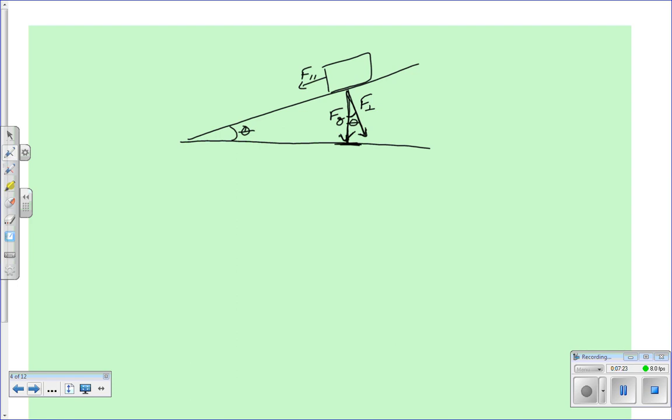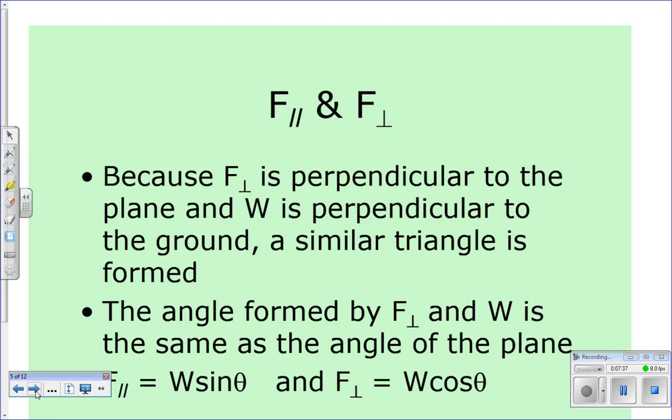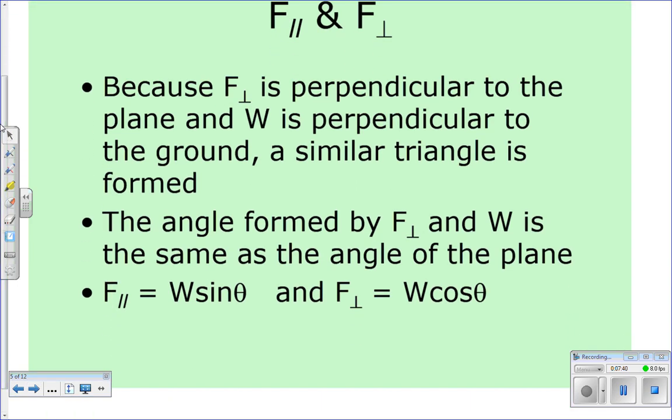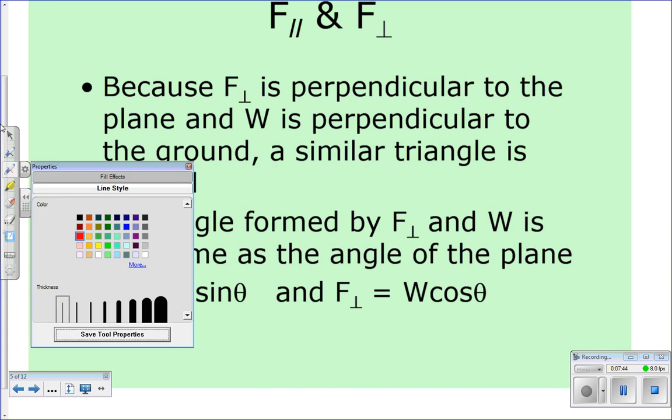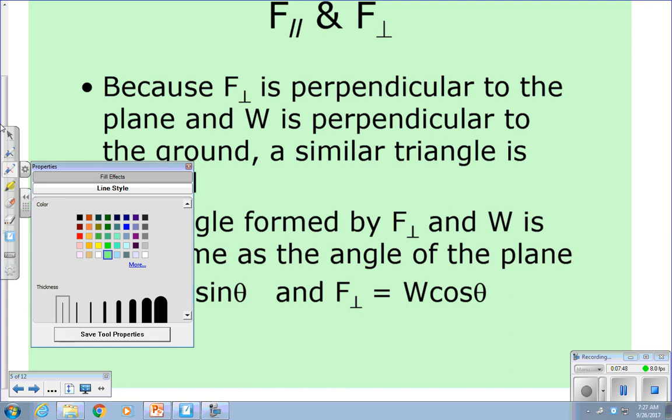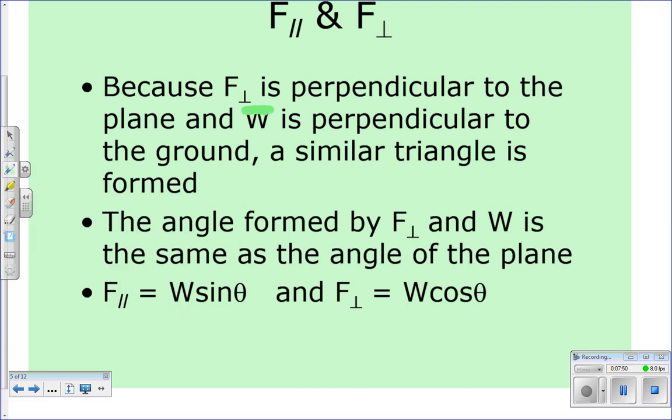Whatever angle the inclined plane has, the angle between the perpendicular component of the weight and the weight itself is the exact same. That's what this is talking about right here. And once again, I've forgotten to change this slide. So instead of a W here, we're using FG.